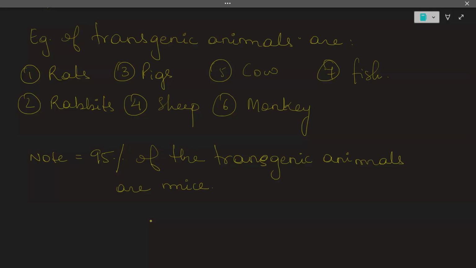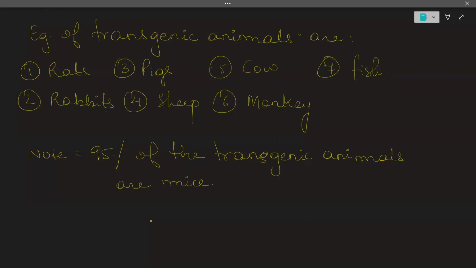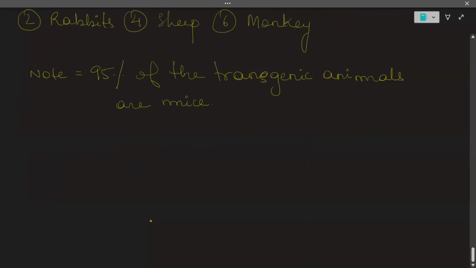Now the whole question comes along, how do we make a transgenic animal? We make transgenic animals by RDT technology, isn't it? Recombinant DNA technology, wherein we transfer the gene of interest, we do DNA microinjection, isn't it?